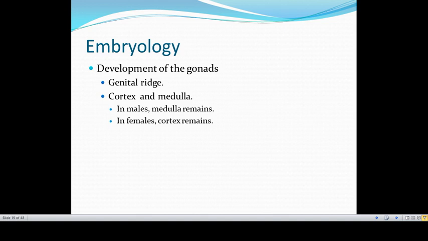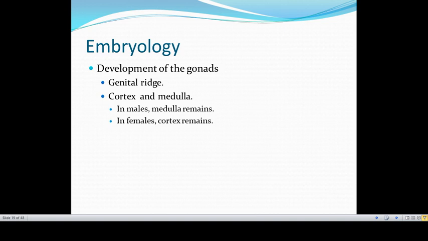Until the 6th week of development, these structures are identical in both sexes. However, in genetic males, the medulla develops during the 7th and 8th week into a testes, and the cortex regresses. Leydig and Sertoli cells appear.